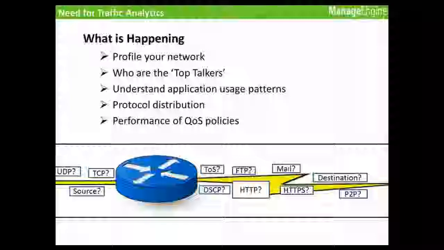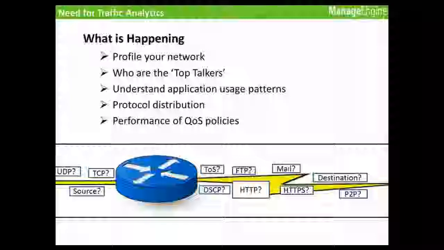And the next part is, when you profile your network, when you analyze and keep track of what is happening, you can also keep a record. You can see how your QoS policies are performing, because these days networks find it very important to have quality of service policies to manage and police the bandwidth.